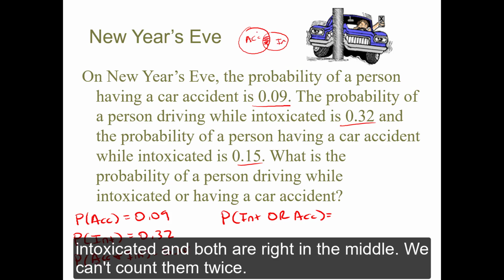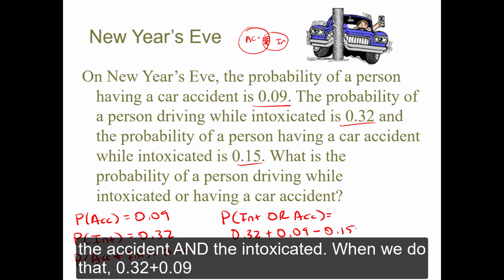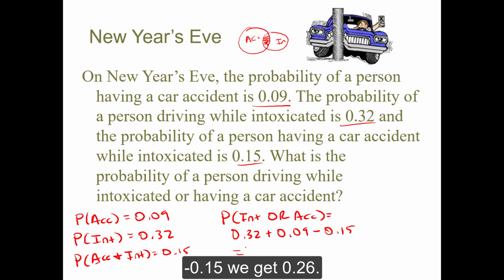So we can't count that group twice. So we're going to add the intoxicated and the accidents, but we're going to subtract the accident and the intoxicated. And when we do that, 0.32 plus 0.09 minus 0.15, we get 0.26.